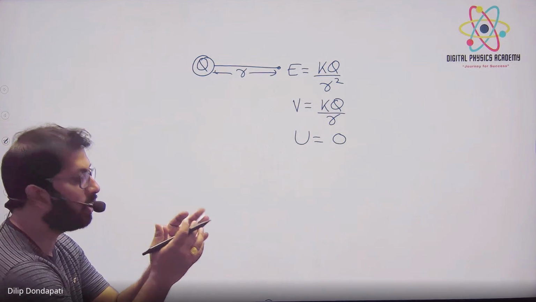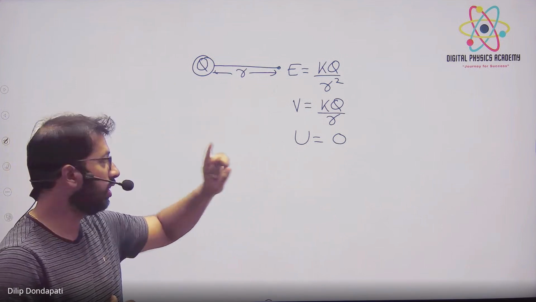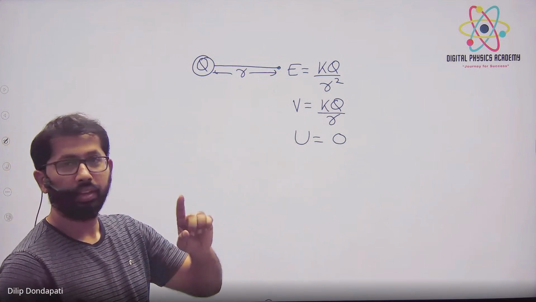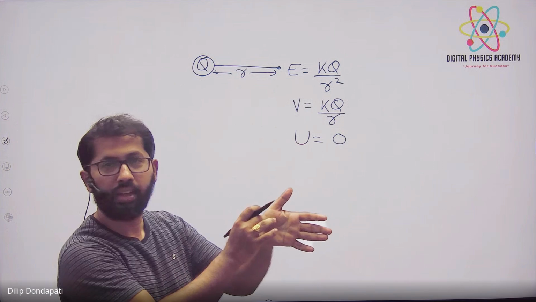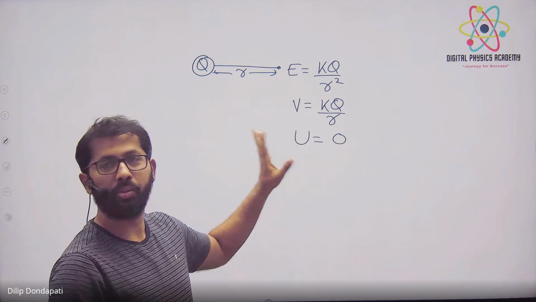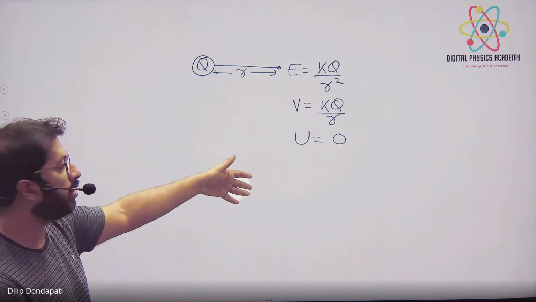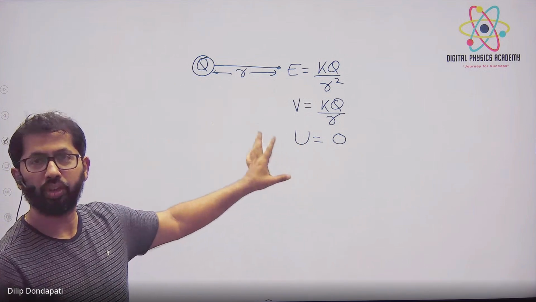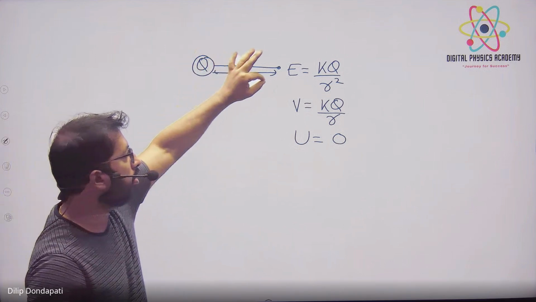Only for a system of charges will the potential energy be there, so a single charge's potential energy will be 0. But when the single charge is in an electric field and the charge is moving, at that time potential energy will be there. Here there is no electric field and the charge is not moving, so the potential energy is 0.